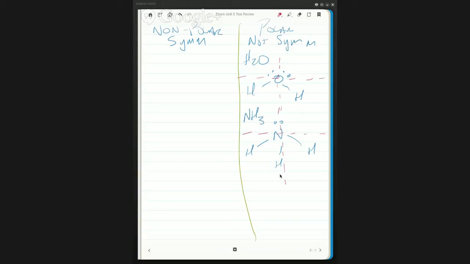I think I've done a lot of the basic symmetrical ones. I'm trying to think of something else that's kind of crazy that could be symmetrical that would be helpful to you. We covered tetrahedral where it's the same. Well, I guess I should just write that. Tetrahedral or linear has to be the same all around.